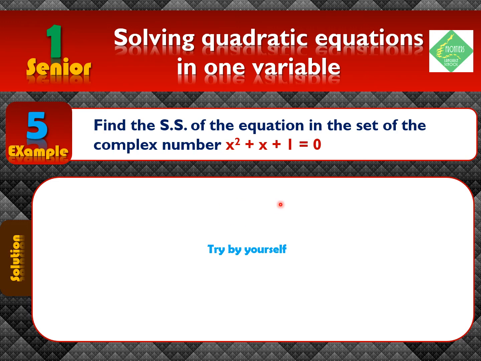So this answer will be by using the general formula, by getting a equal 1, coefficient of x squared, b equal 1, coefficient of x, c equal 1 also. Substitute in the general formula, which is x equal negative b positive or negative square root of b squared minus 4ac, under the root and all over.